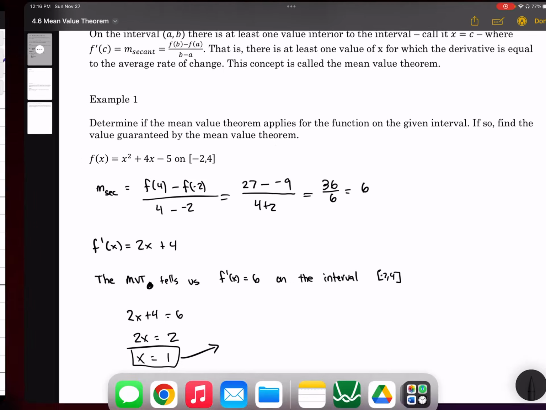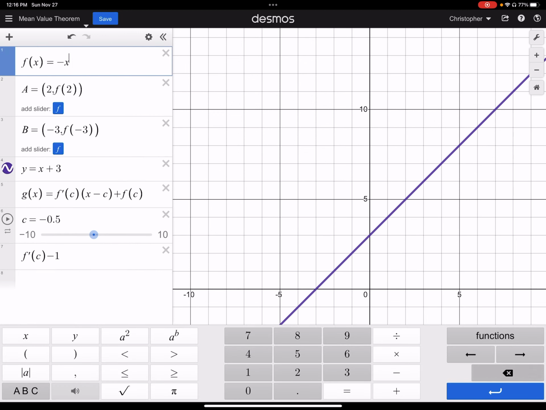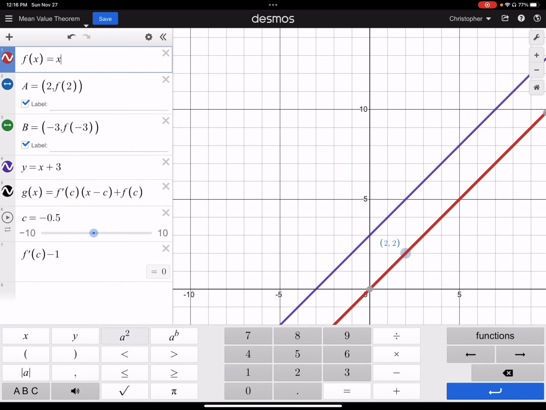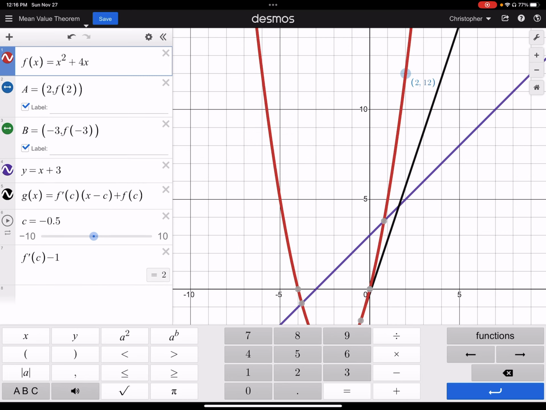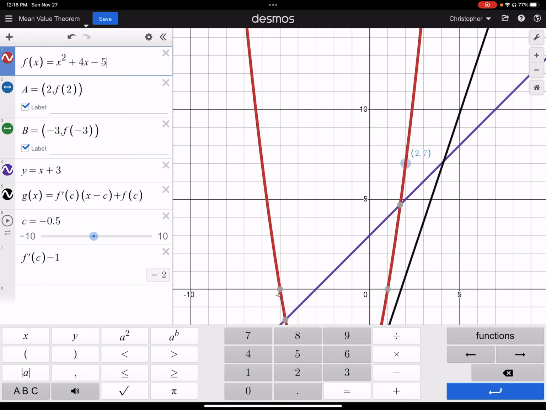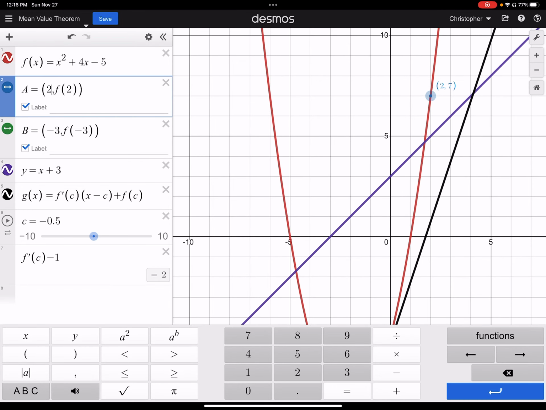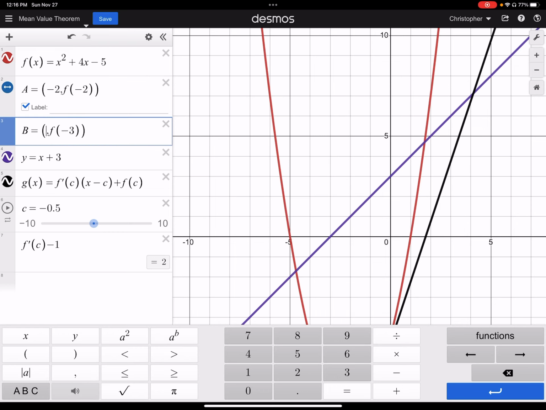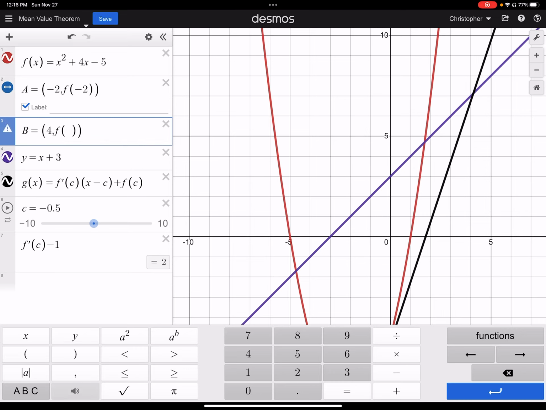So if we wanted to, we could graph this function. f of x was x squared plus 4x minus 5. Then the points were -2, f of -2, and 4, f of 4.